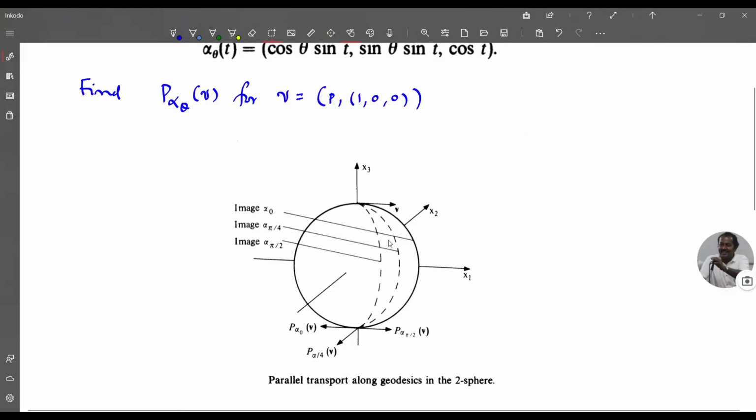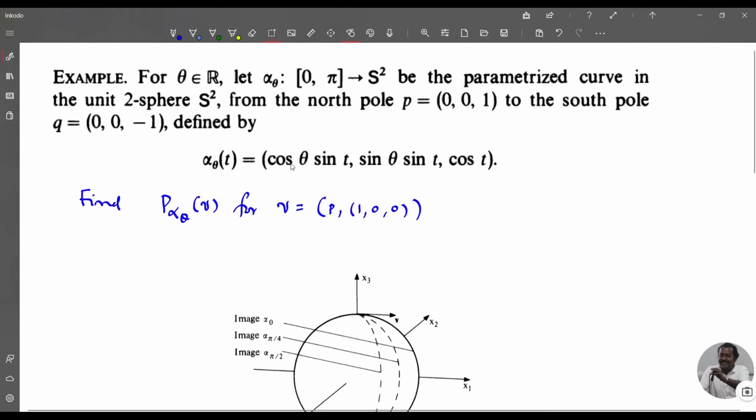So this is the situation. You consider the two sphere, and you consider the north pole and the south pole. Then these are the parameterized curves given by alpha theta, given by (cos theta sin t, sin theta sin t, cos t).